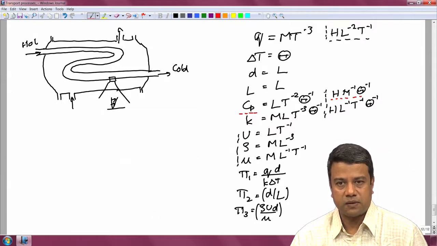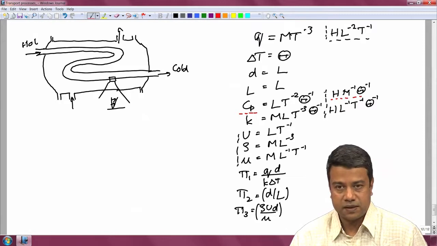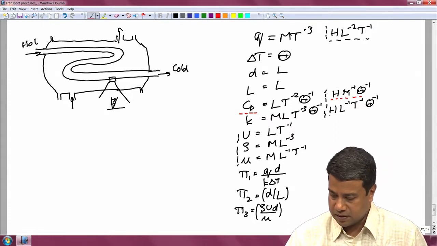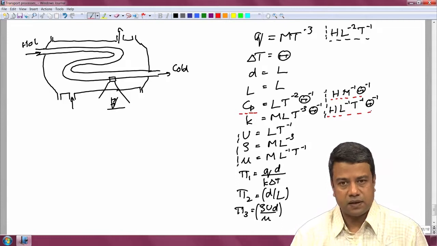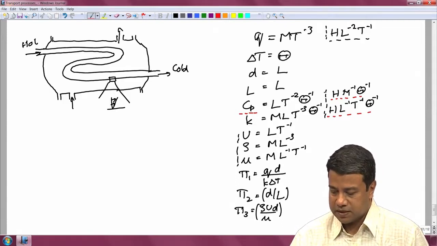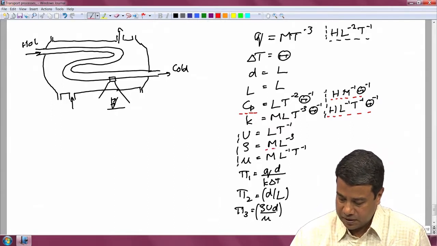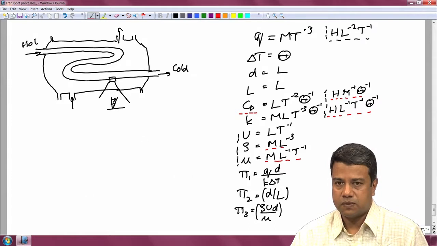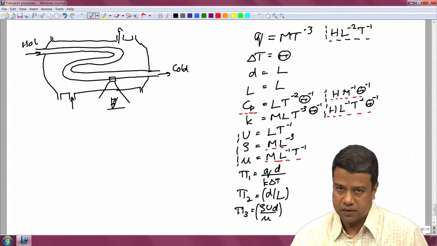I need to scale it by an independent quantity which involves thermal energy, and an independent quantity which involves mass. The independent quantity that involves thermal energy is, of course, the thermal conductivity. As far as the independent quantity that involves mass is concerned, there are 2 of them, the density and the viscosity. You can, without loss of generality, choose either one of them.